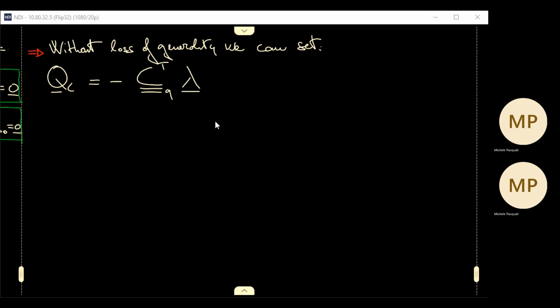Lagrange multipliers. This is by definition.